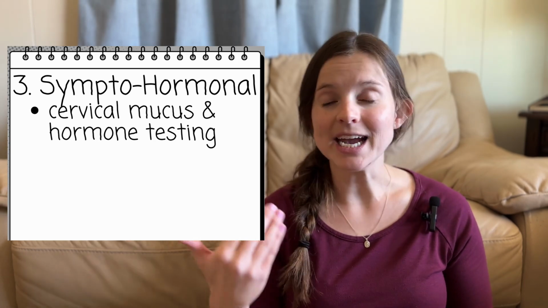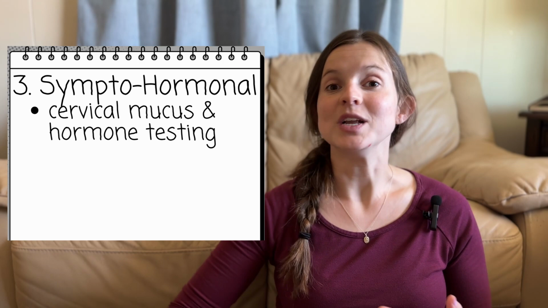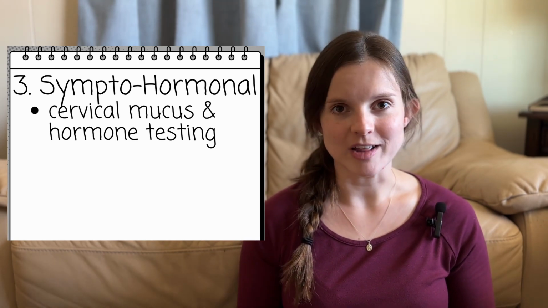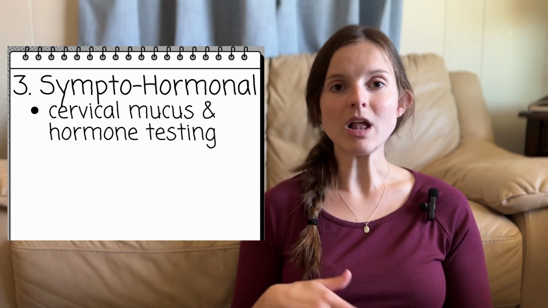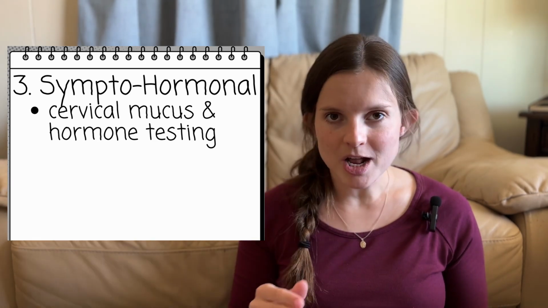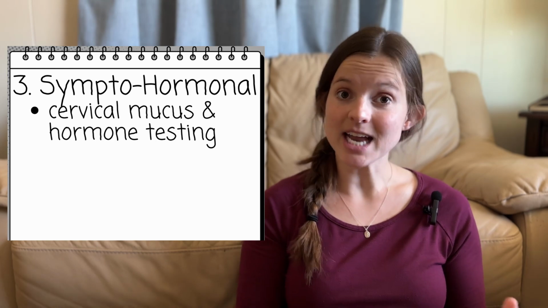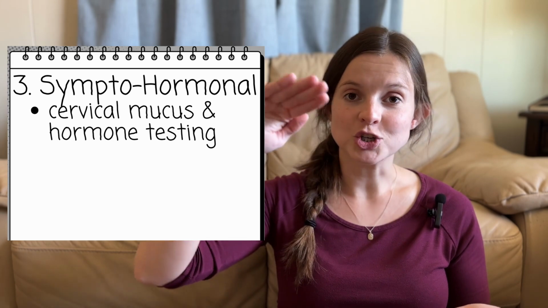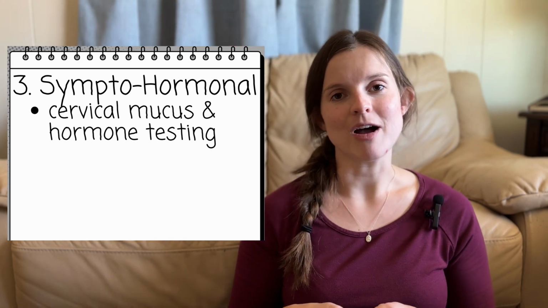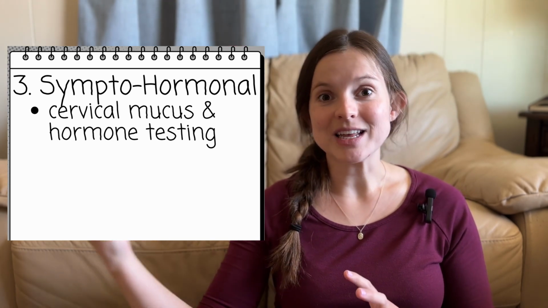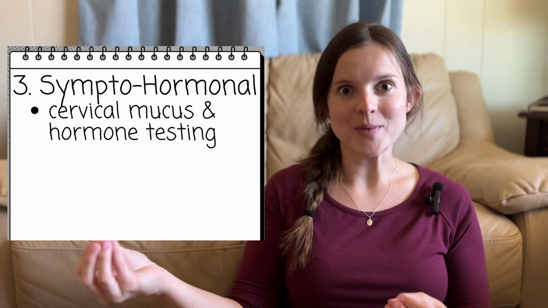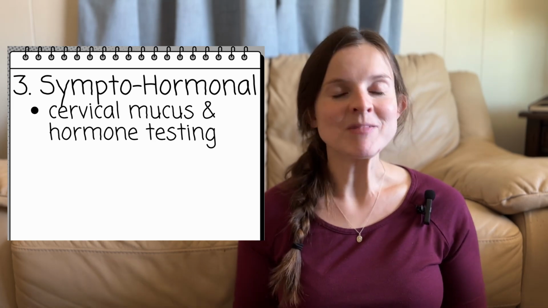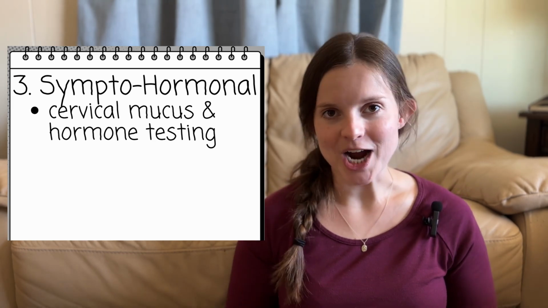This hormone spikes right at the time of ovulation. So when you start to see it spike, that can really clue you in to when ovulation is happening in your cycle. There's also the Clearblue monitor. That's one that can test LH, but it also tests your estrogen levels. And your estrogen levels will start to rise right prior to ovulation. That's why it's called a sympto-hormonal method: they're testing hormones, usually from pee, and it can help you figure out where you're at in your cycle as well.